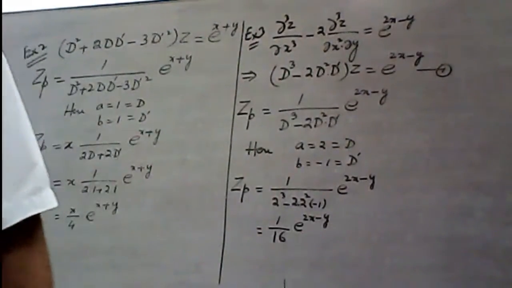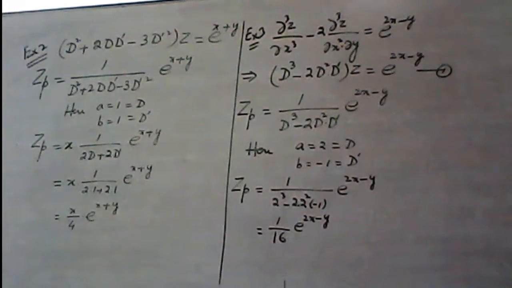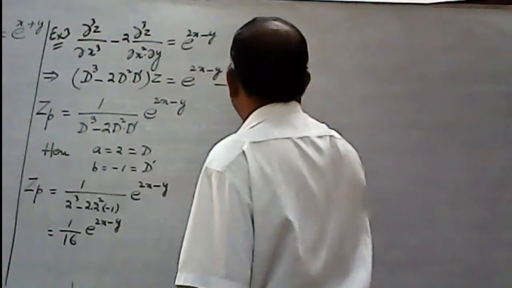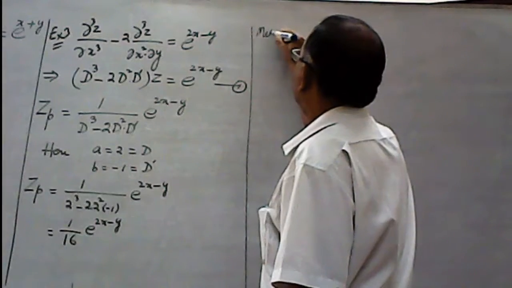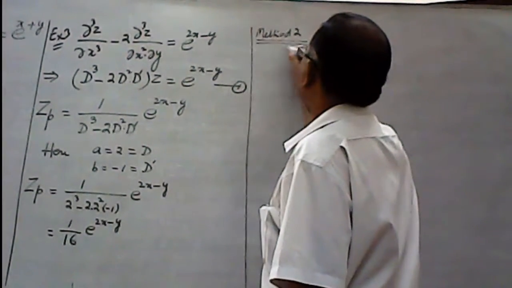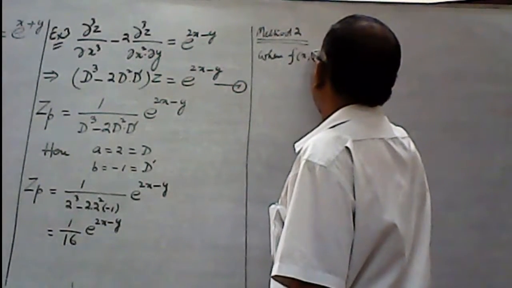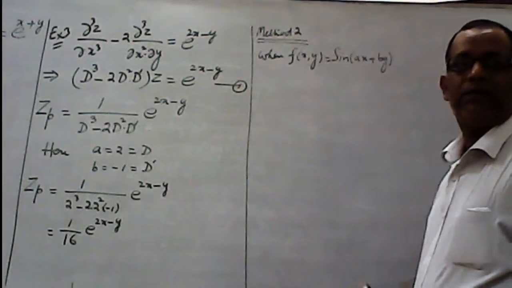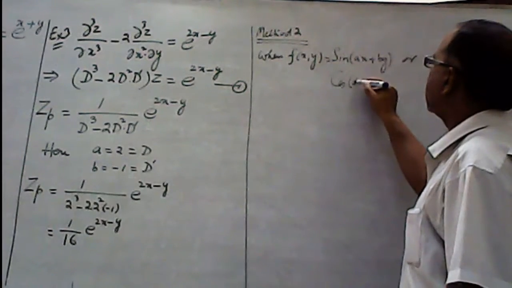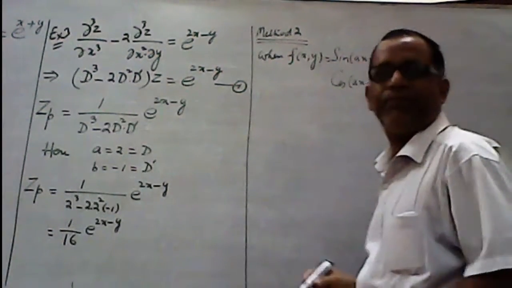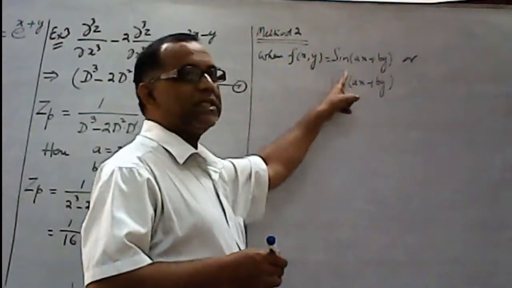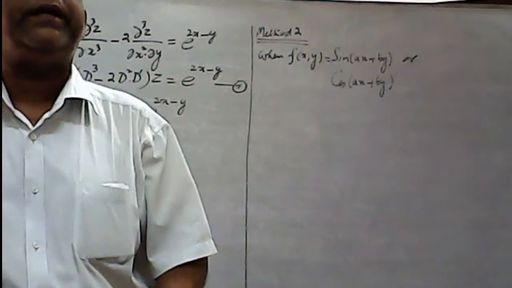If you remember, we discussed method 2 in higher order ODE, and we said that method 2 is relating to only when f(x,y) is equal to sin(ax+by) or cos(ax+by). Sin(ax+by) or cos(ax+by) means only linear sine and linear cos will be treated in this method.